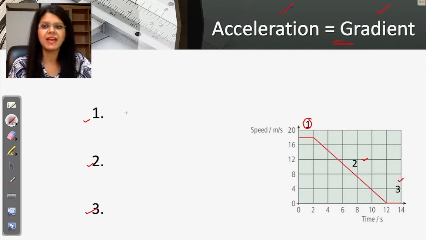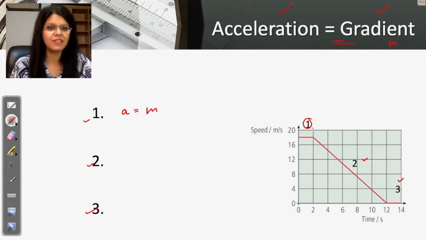Acceleration is the same as gradient. The symbol for gradient is m. What is the gradient in part 1 of the graph? It is a flat line. A flat line has a gradient of 0, so the acceleration in part 1 is 0. Simple.